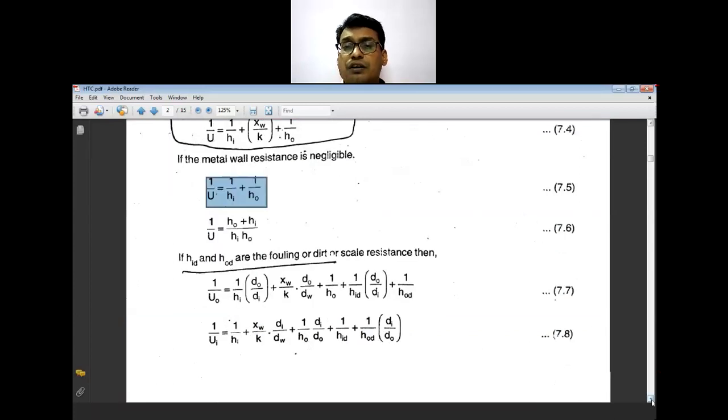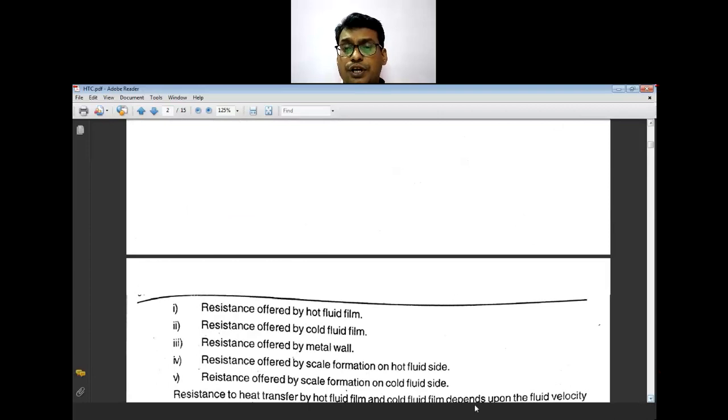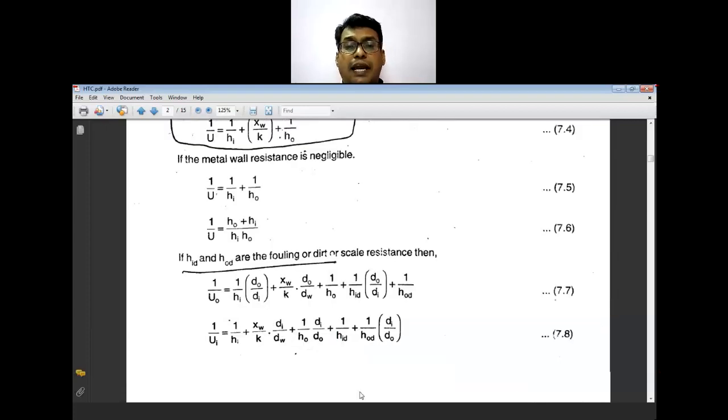Now, next is the addition of the dirt factors. Till now, we have talked about these three resistances. Now, we will add another two resistances, the scale formation, in addition to the fluid films and metal wall. Now the scale formation or the dirt factor is to be added.